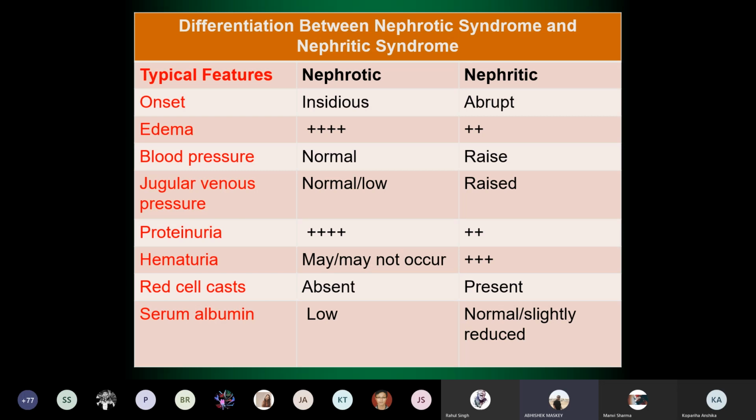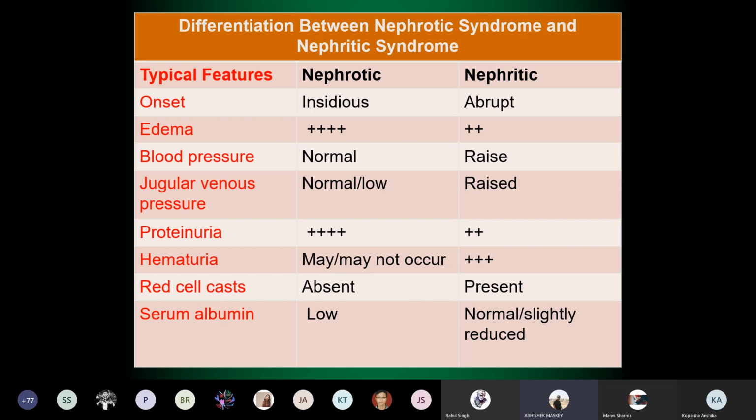But this fluid is situated in the interstitial space, not in the intravascular compartment, because the fluid has moved out from the intravascular compartment. So if you have less intravascular volume, then it may be low JVP or normal JVP. So in nephritic syndrome it is raised, in nephrotic syndrome it can be normal, right?